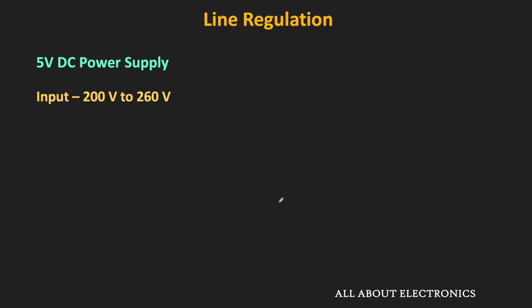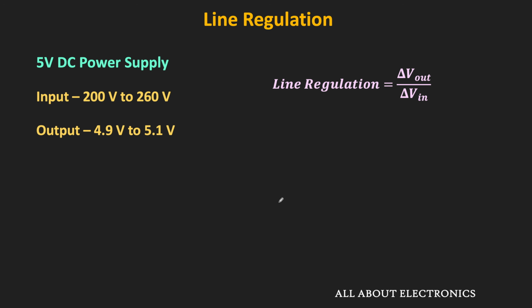So let's say for some 5 volt DC power supply, when the line voltage is changing from the 200 volt to the 260 volt, then there is a change in the output voltage from the 4.9 volt to the 5.1 volt. So for that, let us find its line regulation. So once again, we will use the same equation.